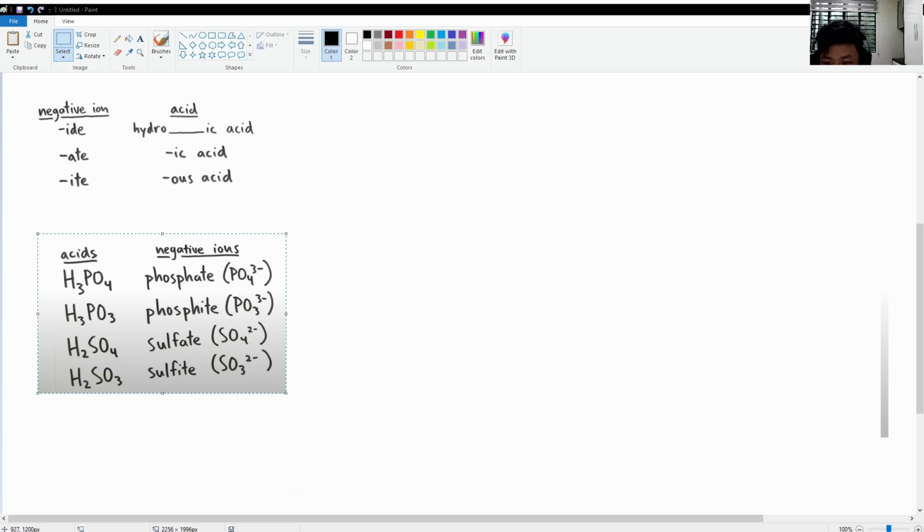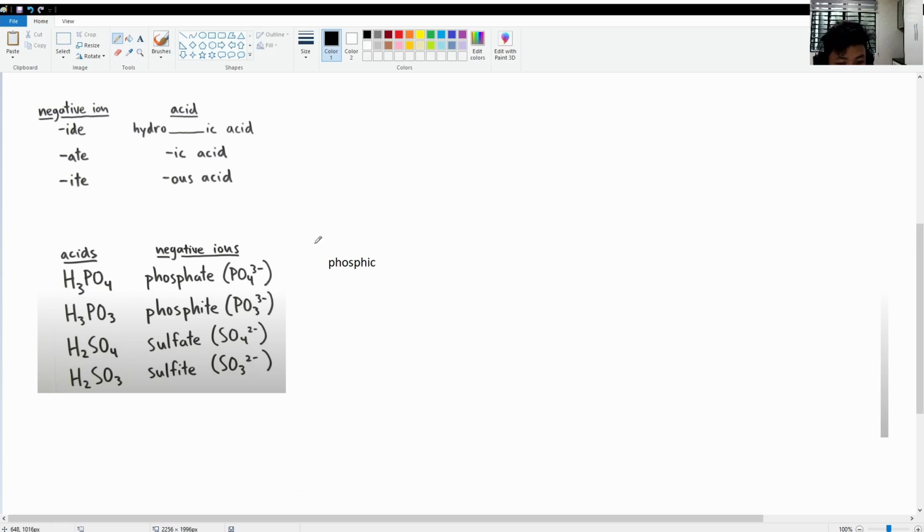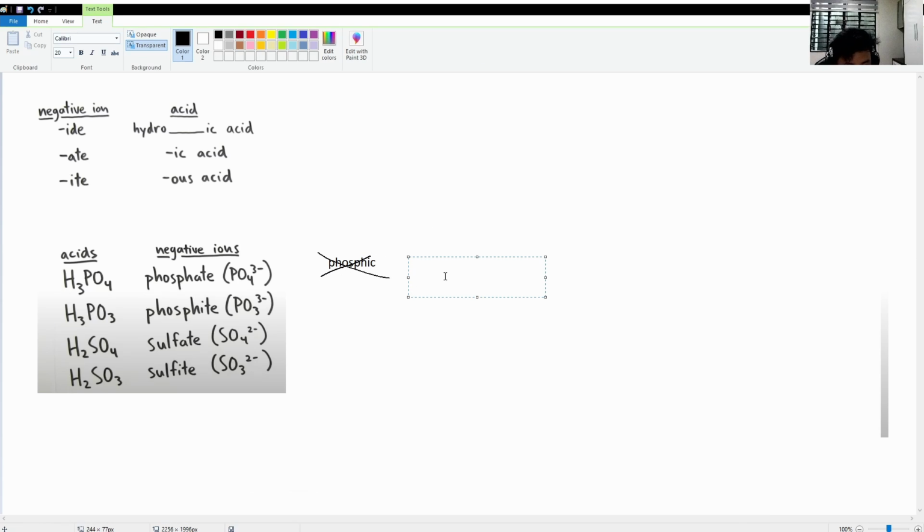If we took this acid and tried to name it using the rules above, phosphate would become phosphic acid. This is wrong.